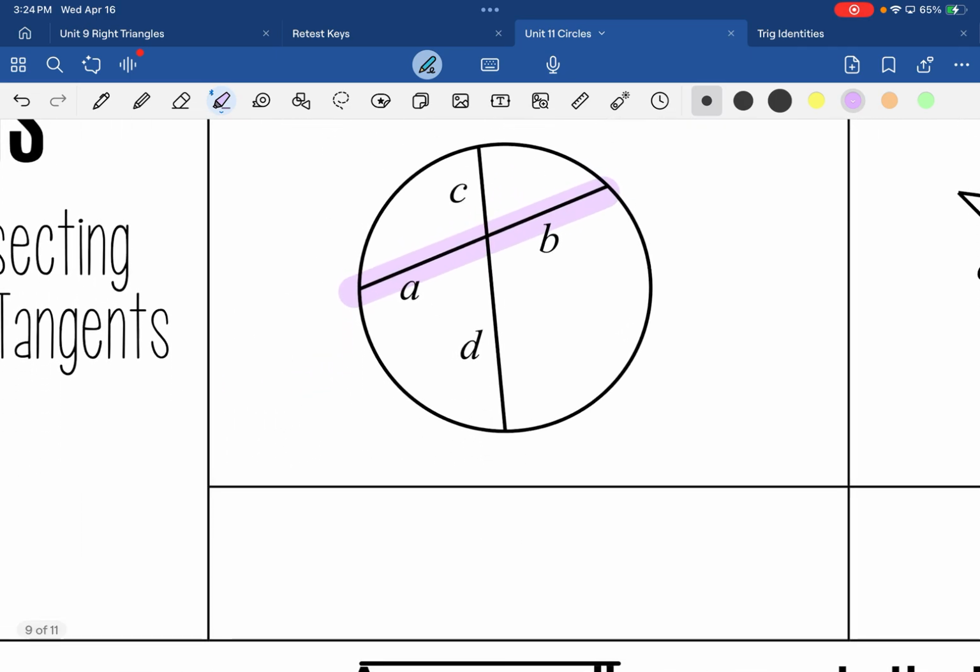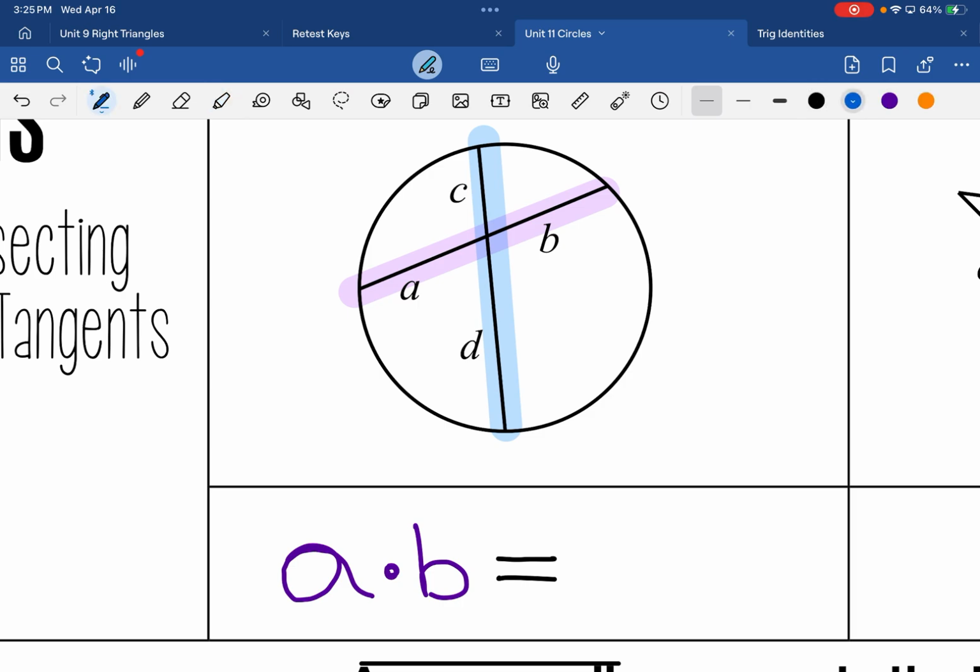A and B. The relationship that we have right here is that if I were to do A times B, that would be equal to the product of the other parts of my other chord. So right here, I have my other chord, which is C and D. And I'm going to take those two parts and multiply them together.